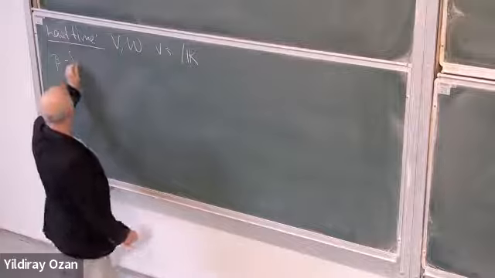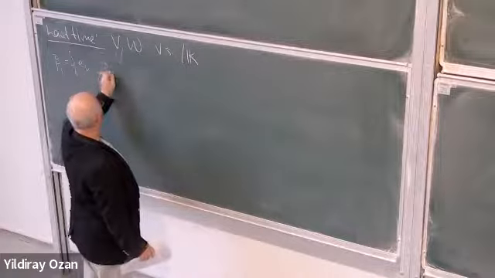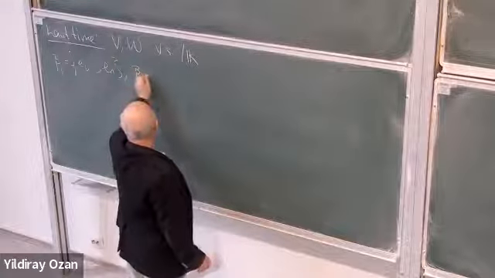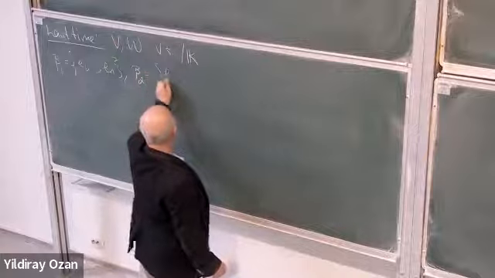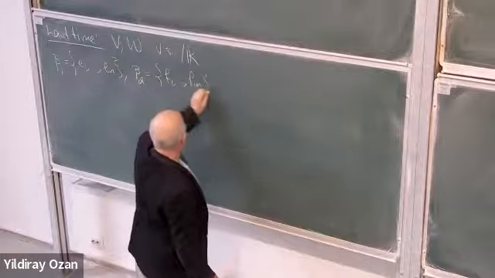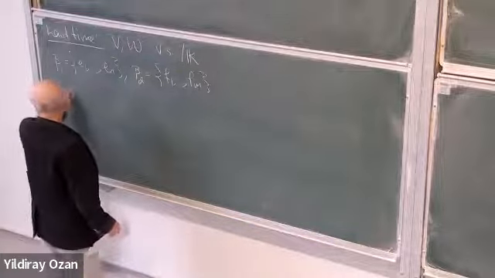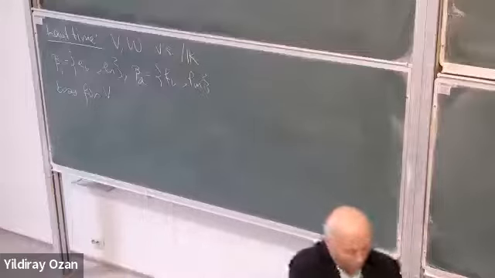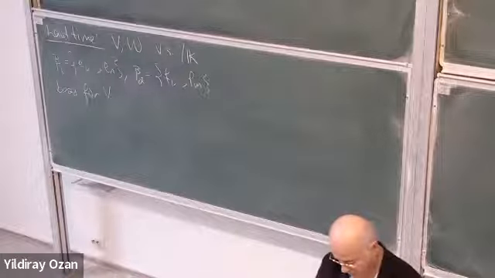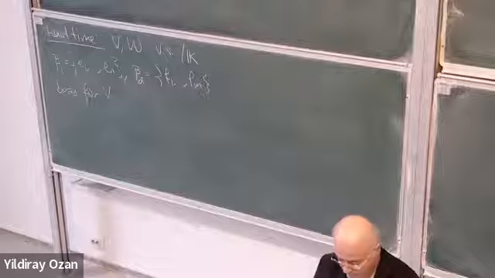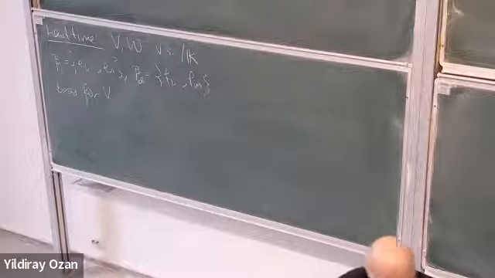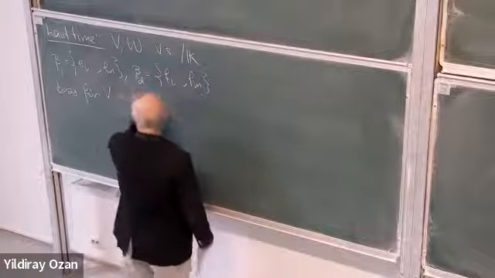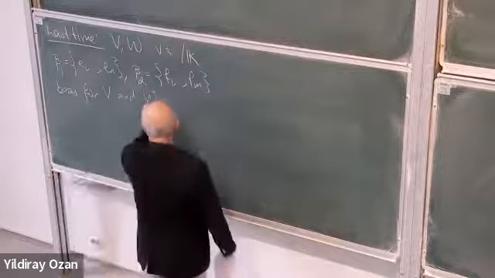Suppose e1 to en and f1 to fm are bases for V and W respectively.